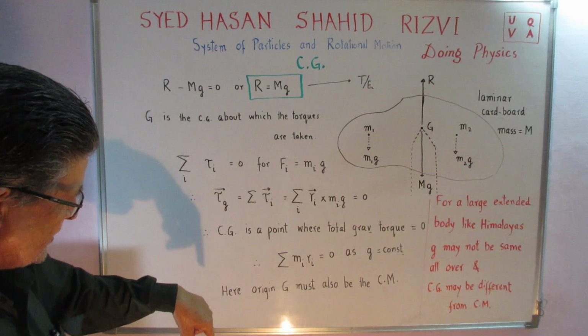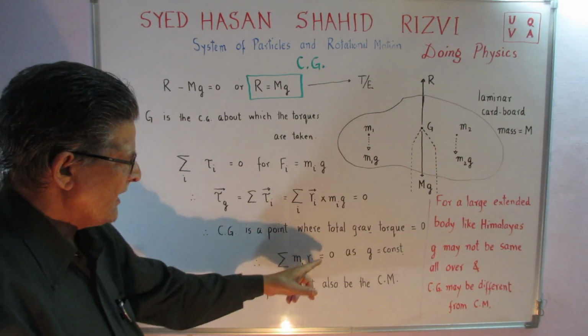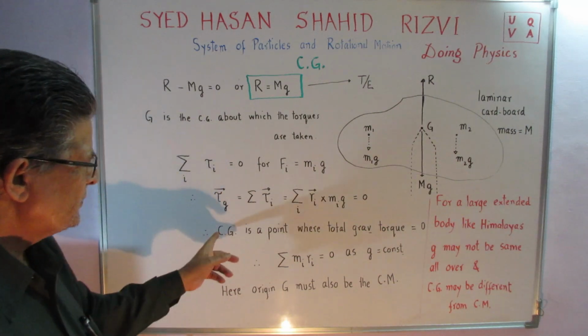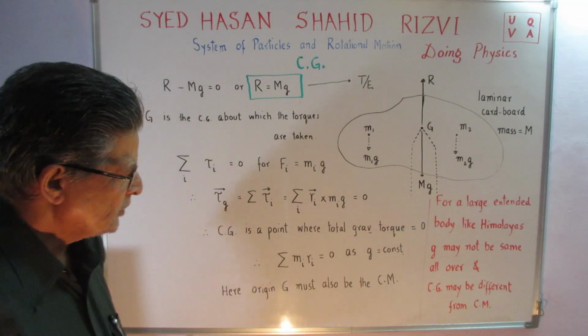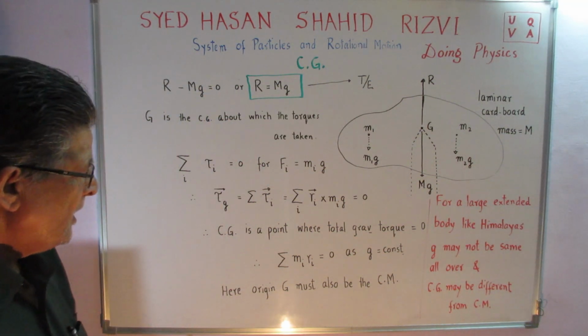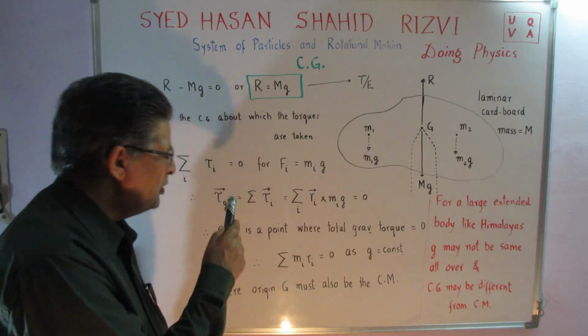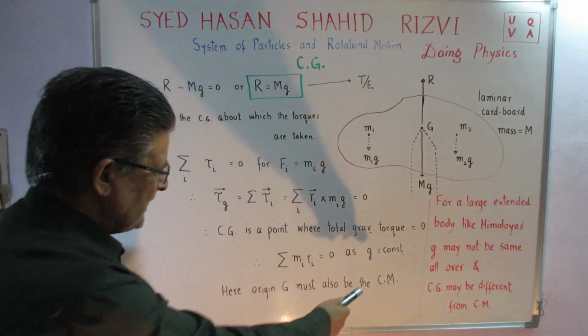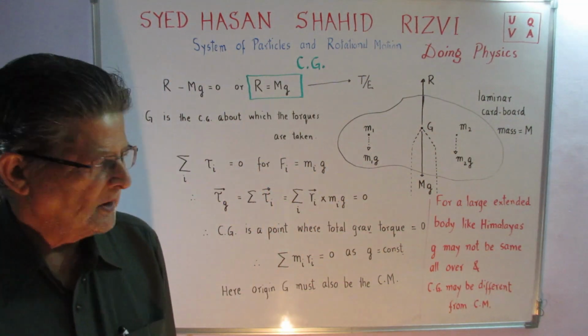So I obtain the same relationship, that sigma of mi Ri is equal to 0, because the total gravitational torque on the system is equal to 0 about the center of gravity. So we conclude that the center of mass of the system is the same as the center of gravity of the system, capital G.